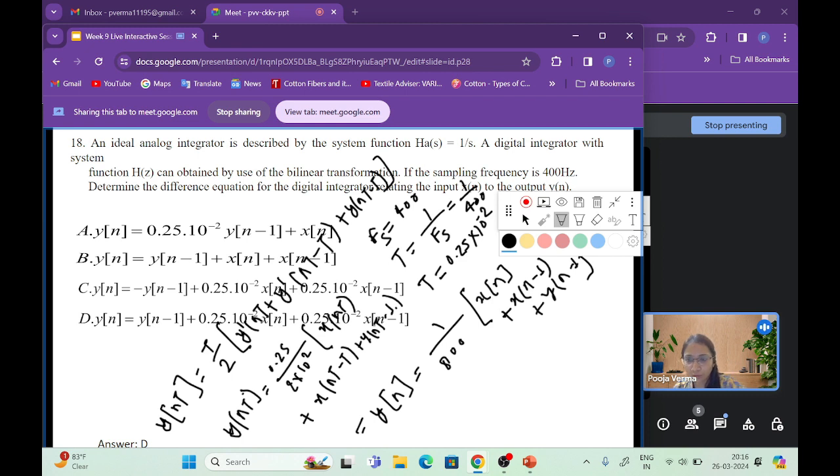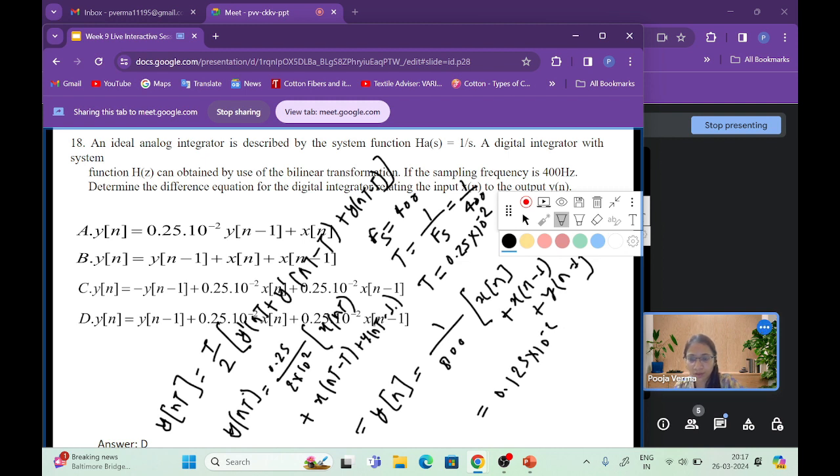Okay, so now we have solved, or we can write it in this form, 1 by 800. What we will get? 10 to the power minus 4, 0.125 into 10 to the power minus 2, multiplied with all the components.